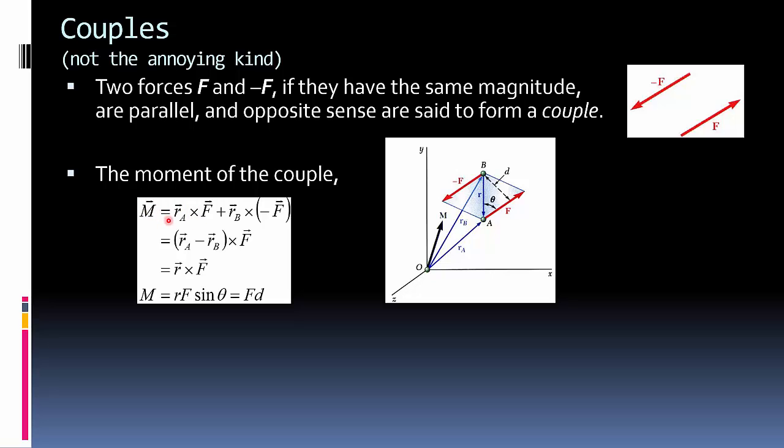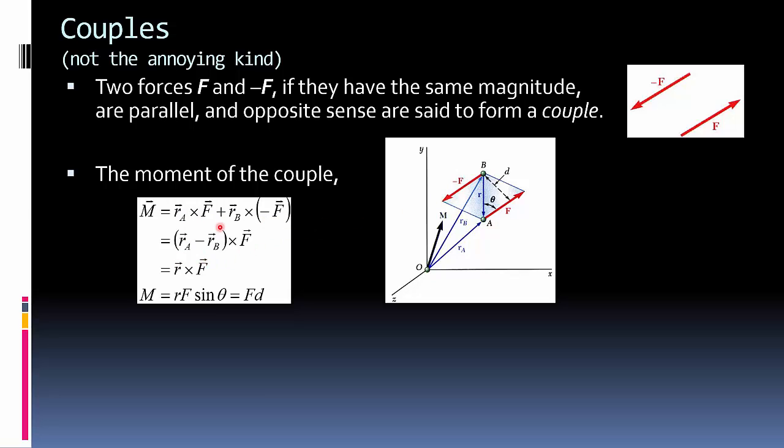So we have the moment is r cross F, always r cross F. So here we have this axis, right? So the moment about this point right here is this r cross this F plus this r cross this F. The beauty is, so r cross F plus r cross minus F, right? Because of the minus direction.